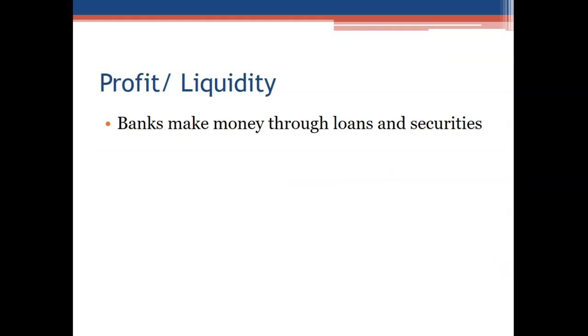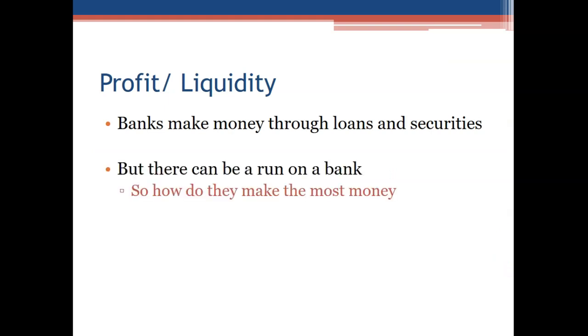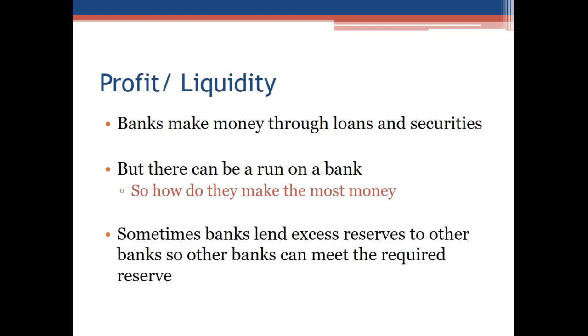So banks make money through loans and securities, but there can also be runs on banks. So how do most make the most of their money? Well, sometimes if they can't quite lend out 100% of their excess reserves to their customers, they might lend to other banks. And the reason why is, sometimes banks may lend beyond what they actually are able to. Again, the Federal Reserve, according to our McConnell textbook, lends $150 million per day.